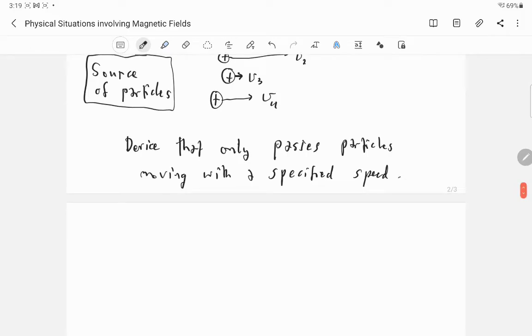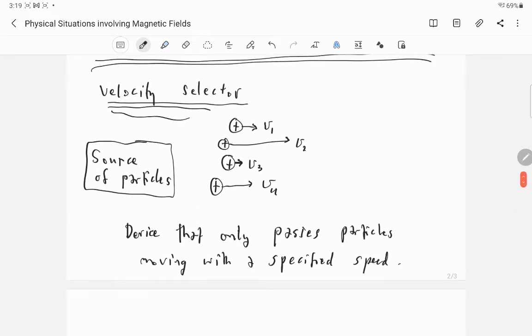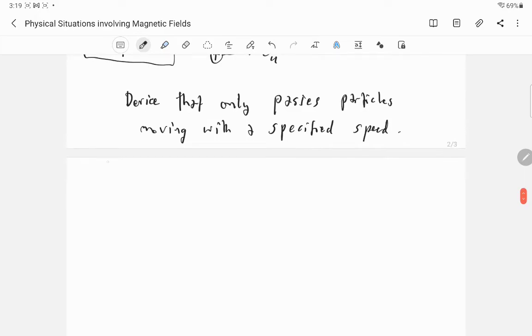And it turns out that the way you can build one of these velocity selectors is by using crossed electric and magnetic fields. But they are crossed. That is, E is perpendicular to B.